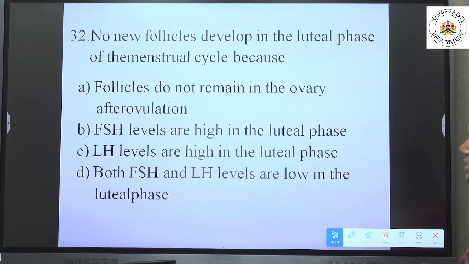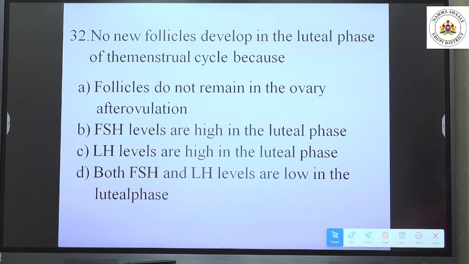And the last question. No new follicles develop in the luteal phase of the menstrual cycle because follicles do not remain in the ovary after ovulation. Second option, FSH levels are high in the luteal phase. Third, LH levels are high in the luteal phase.